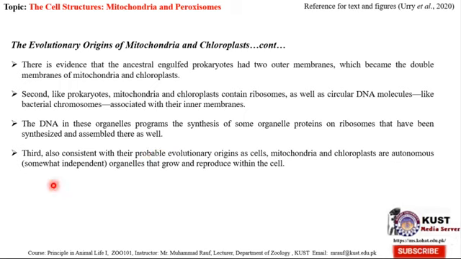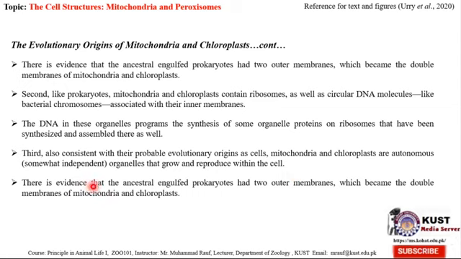So they are autonomous organelles because they have their own genetic material, and they can reproduce through binary fission. Remember, bacteria also reproduce through binary fission.